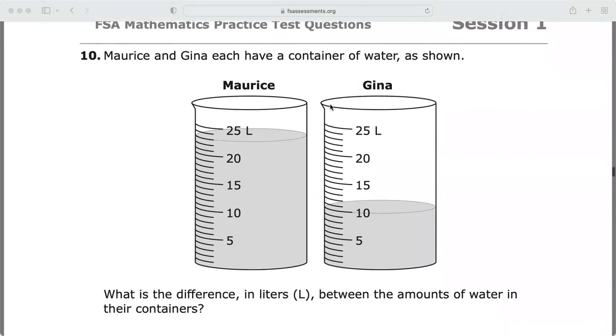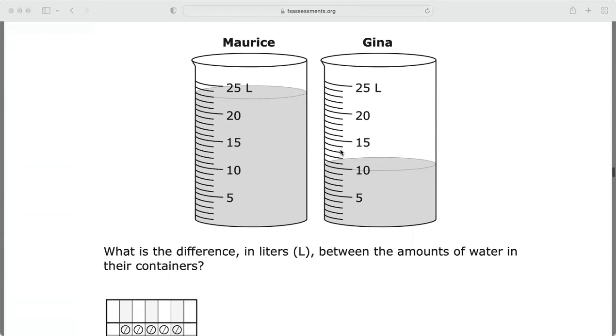Okay, so there's two containers of water. And what is the difference? So difference means subtract. Let's look at how much is in this first container. It goes right here, the line. And this interval, it looks like is 1, 2, 3, 4, 5.